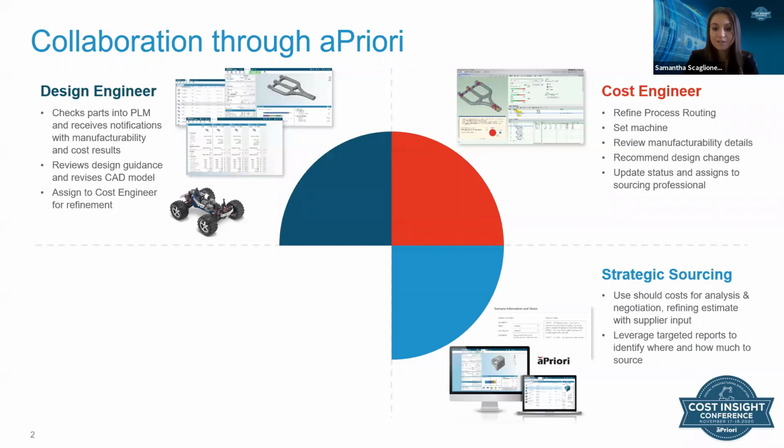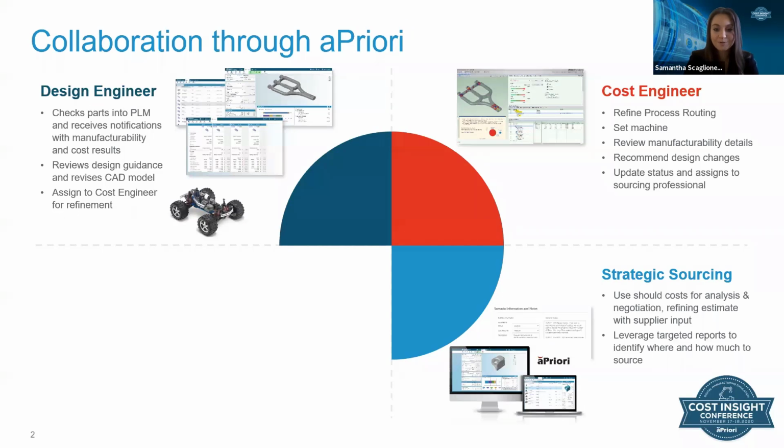Today, the sourcing professional can leverage matrix costing through aPriori Professional and targeted reports through Cost Insight Report to identify where and how much to source. Cost Insight Source, a role-based application with curated content for sourcing professionals, is targeted for release in spring 2021.